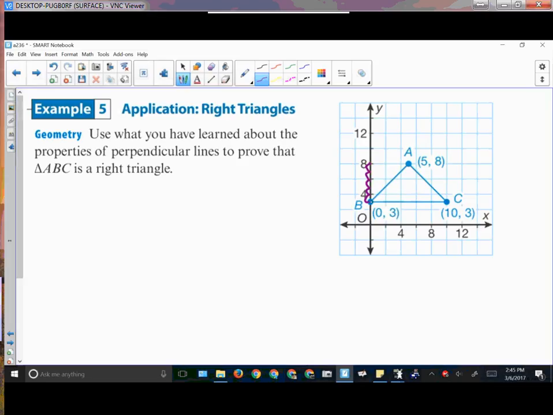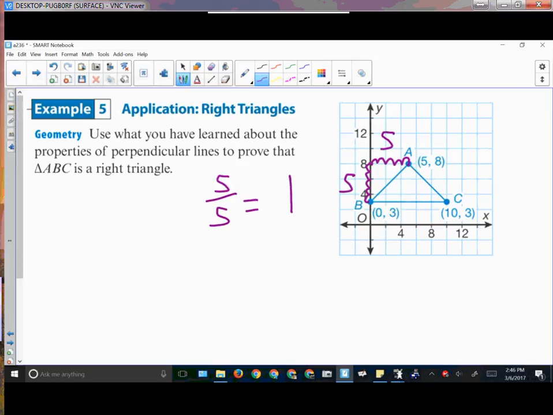So how far did I have to go up? 1, 2, 3, 4, 5. I went up 5. And now this is going over by, yep, same thing, 1, 2, 3, 4, 5. So that's 5. So rise over run, 5 over 5, which is equal to 1.